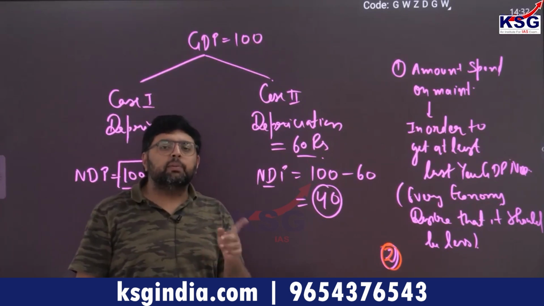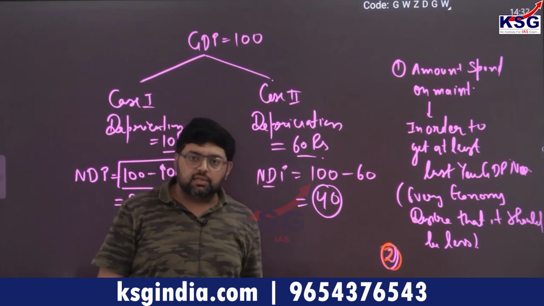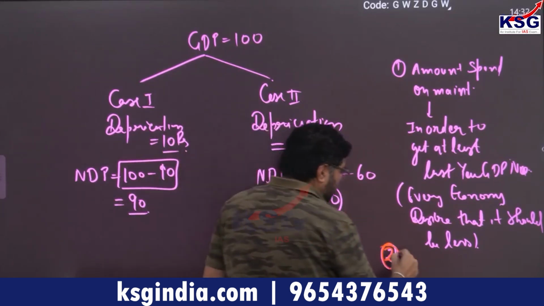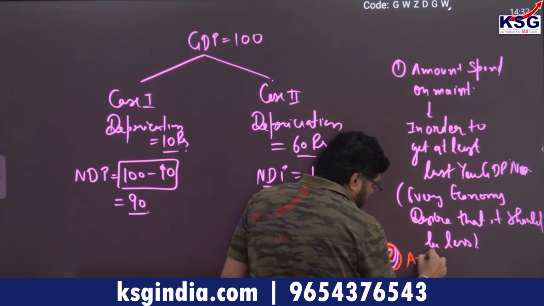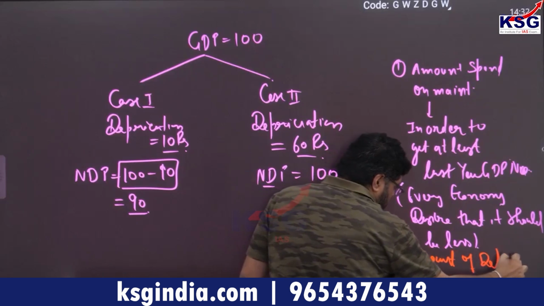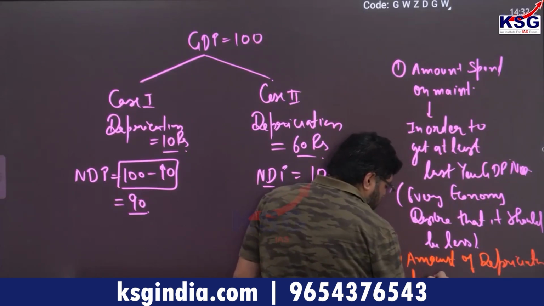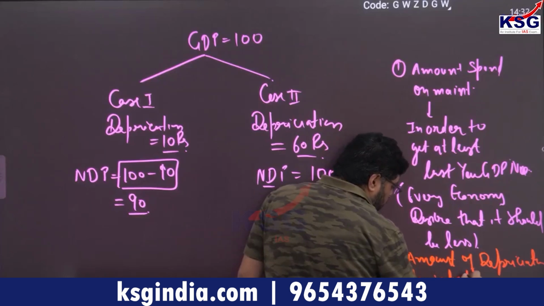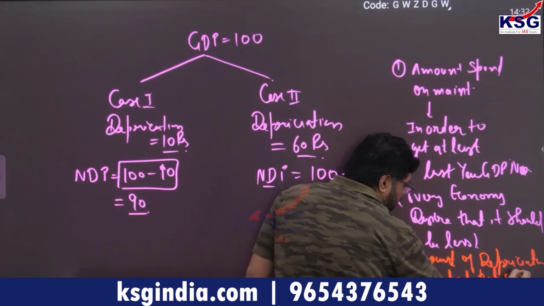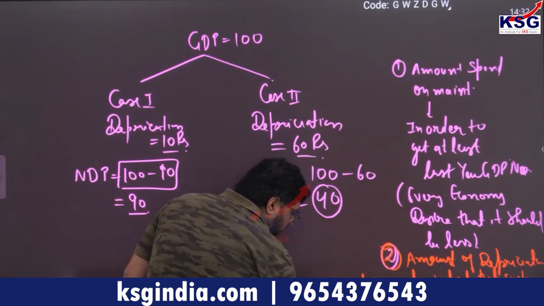So through this depreciation, you also measure that if the money remains within the country, no doubt it will be part of GDP itself. But if that money is going outside the country, then it's a concern. Clear? Is it clear to you? So ultimately, the amount of depreciation also indicates whether such amount is part of the country or not.